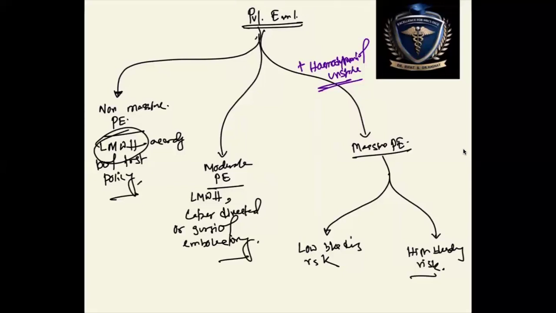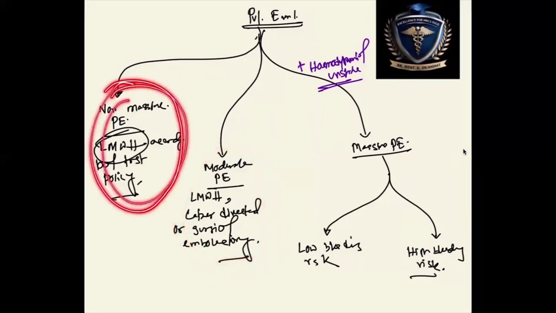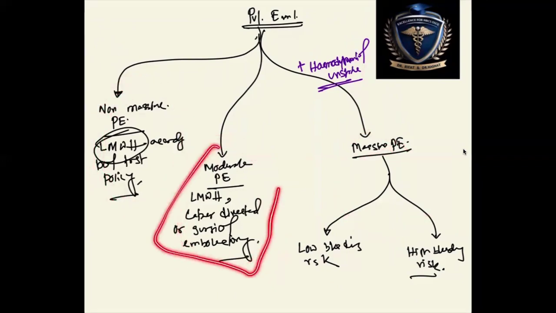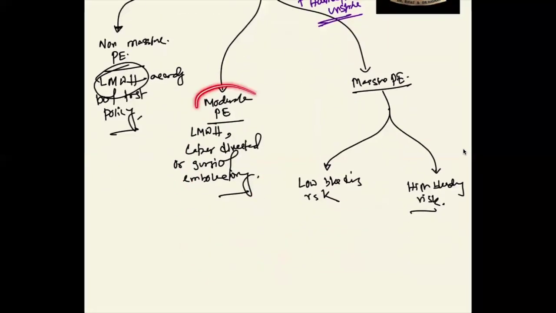You can mention this or you can ignore it, no problem. You can just mention non-massive or massive, that's okay. The moderate pulmonary embolism category comes recently with our guideline, but you can also ignore it, no problem. But always remember, in non-massive pulmonary embolism, low molecular weight heparin is the mainstay of treatment.